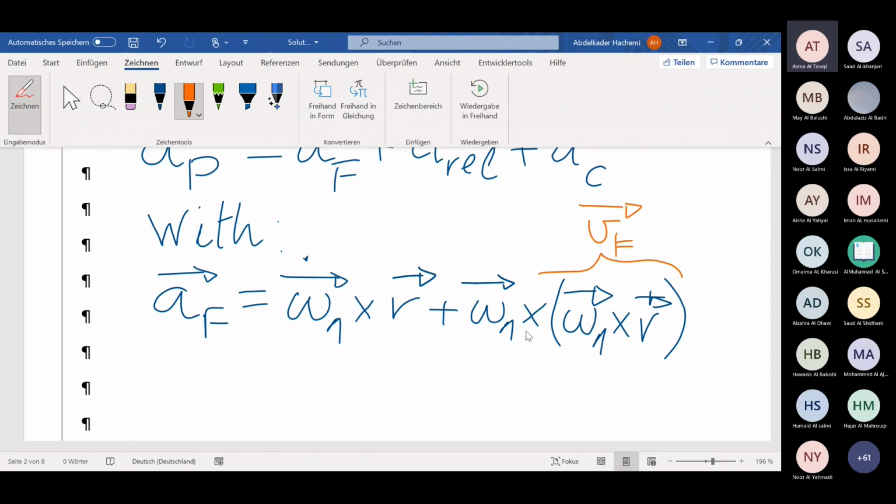We can write it also as omega 1 cross VF. Okay, VF will have its expression.